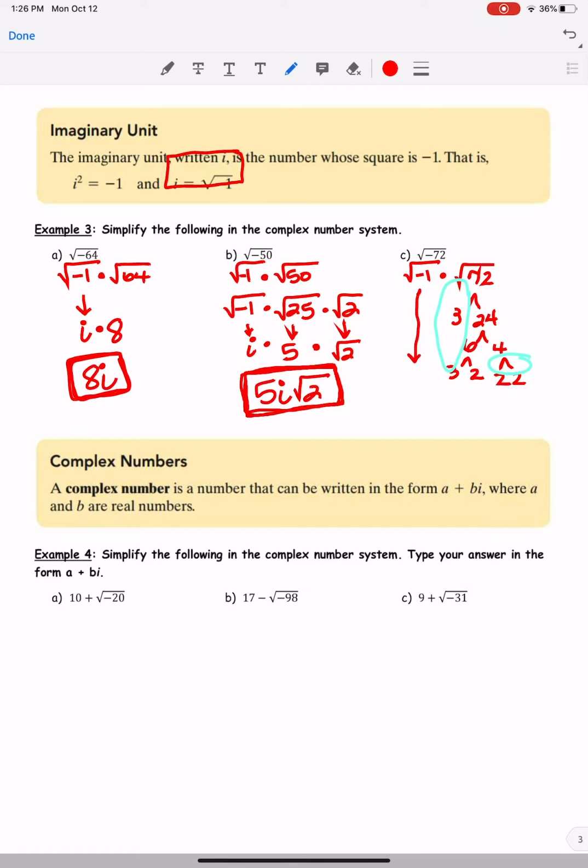And let's not forget our i right here. So I've got 3 times 2 times the square root of -1, and then this 2 here is staying inside. So my final answer is 6i square root 2.